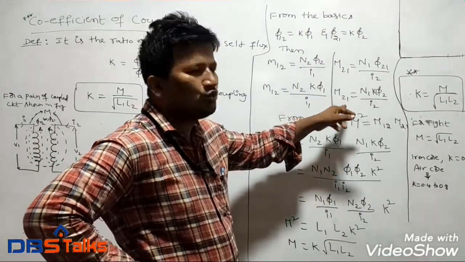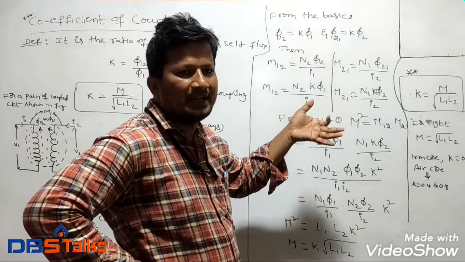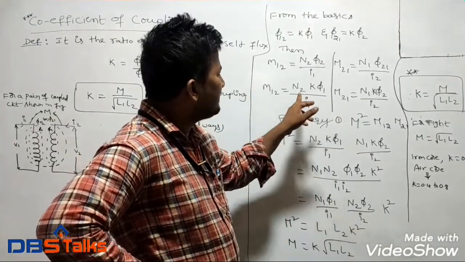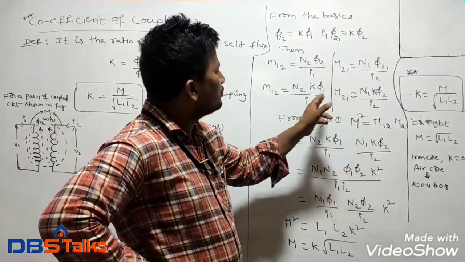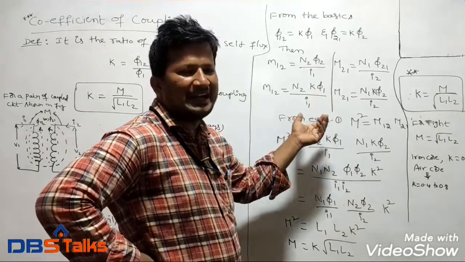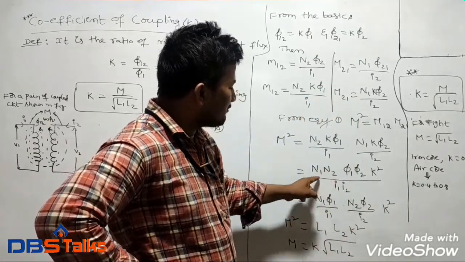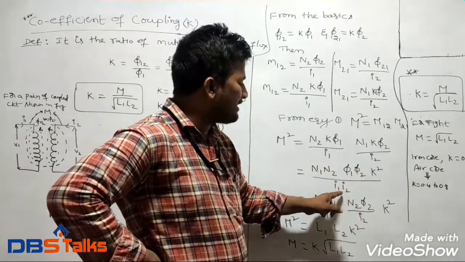M12 multiplied by M21 is M squared on the left side, and on the right side N1 N2 K squared phi1 phi2 by I1 I2.